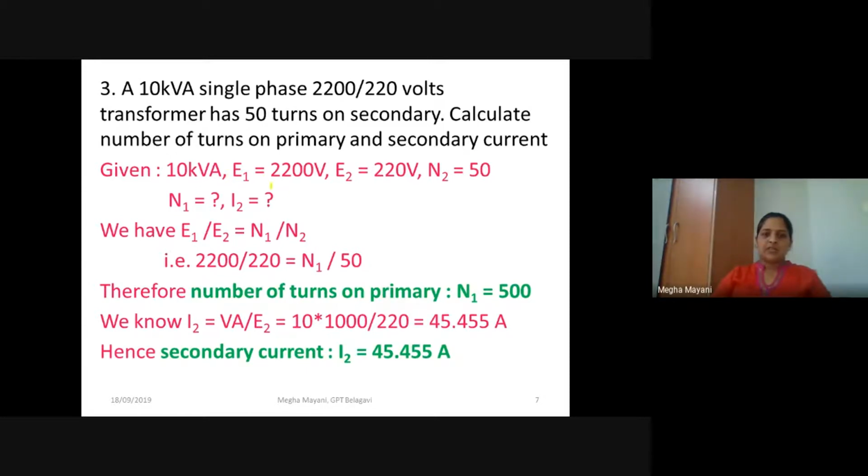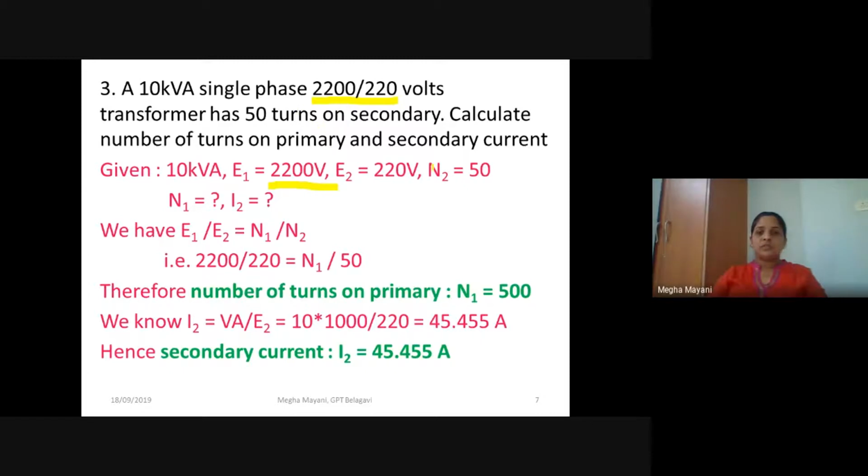Friends, look here: whenever it is mentioned as a voltage ratio or turns ratio, it is always with respect to primary and secondary, so it is a ratio of primary to secondary. So the primary voltage is 2200 volts and the secondary voltage is 220 volts. We can easily make out it is a step-down transformer.